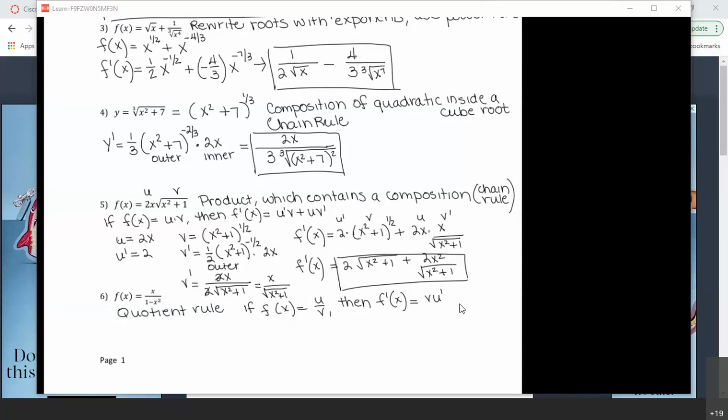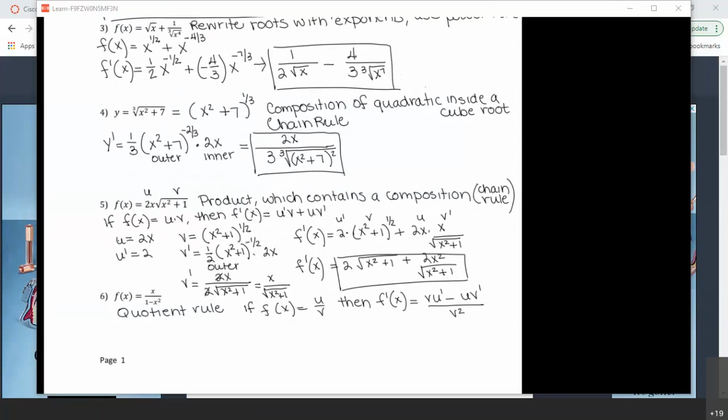Whenever you're writing it, regardless of what you call your functions, the first thing is the denominator function times the derivative of the numerator function. It has to be in that order, unlike the product rule, where the order of the individual products doesn't really matter. Here, because of this minus sign, they have to be in a particular order. So there's my quotient rule.